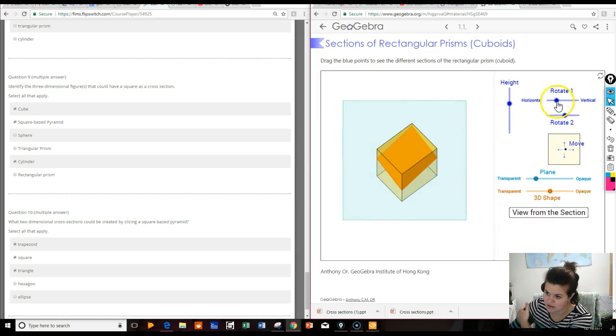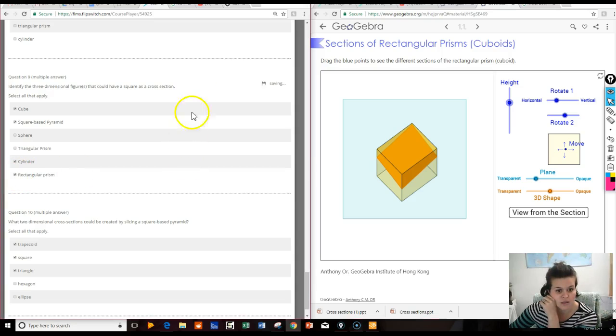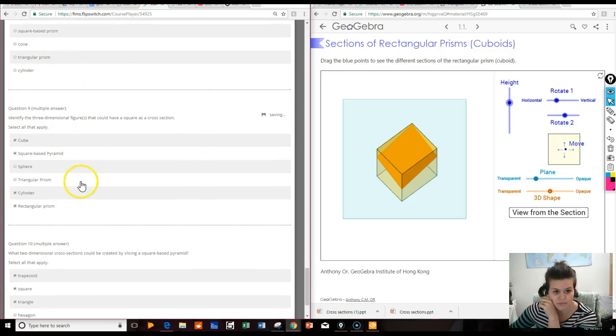If we connected at midpoints, so we could have a square right there at angles to a certain point down the length of a side. We could create a square there. So we have a rectangular prism.